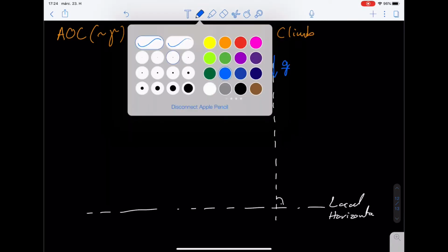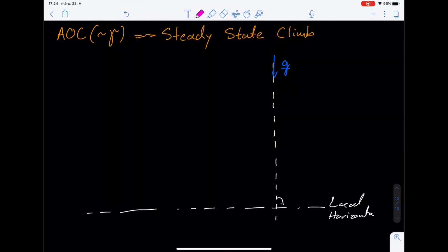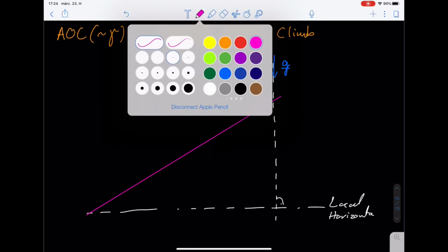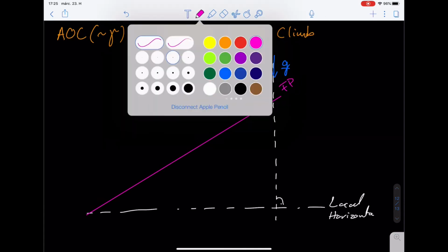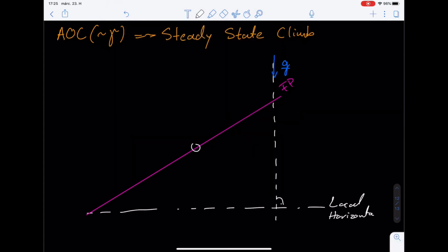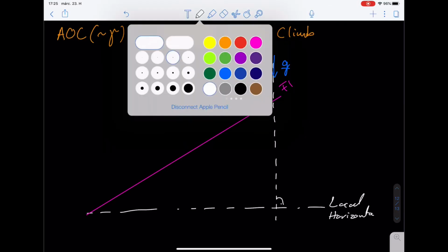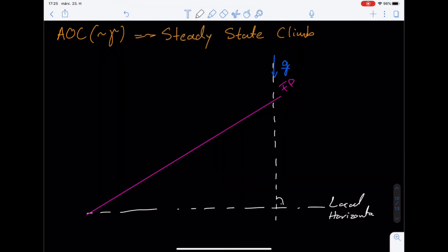We have the flight path of the aircraft, along which the center of gravity, of course, travels. So we have the center of gravity somewhere here, let's say.